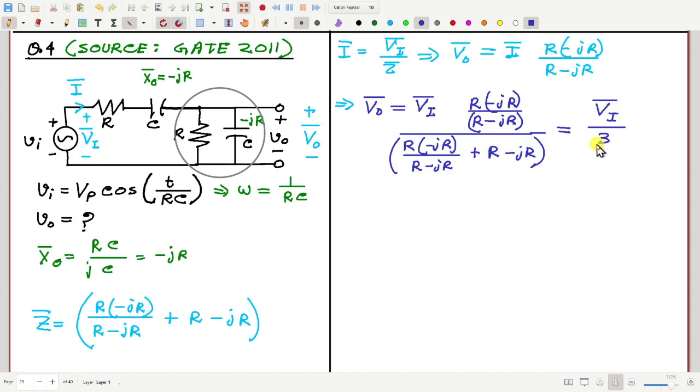So we see that the phasor value of VO is 1/3 of the phasor value of VI. Now the functional value of VI is given, which is capital VP cos T by RC. Then what will be the functional value of the output voltage?